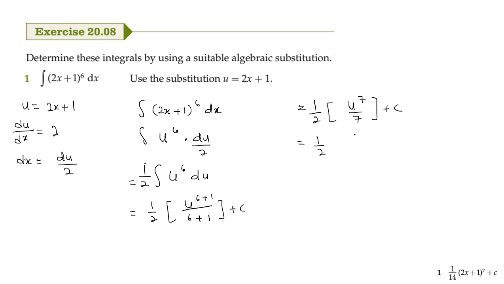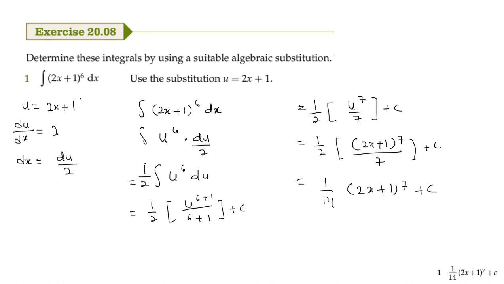Don't leave your answer in terms of u, because the original question asks you in terms of x. So you will have (2x plus 1) to the power of 7 over 7 plus c. Usually, we multiply the 2 and 7 to become 1 over 14 times (2x plus 1) to the power of 7 plus c.